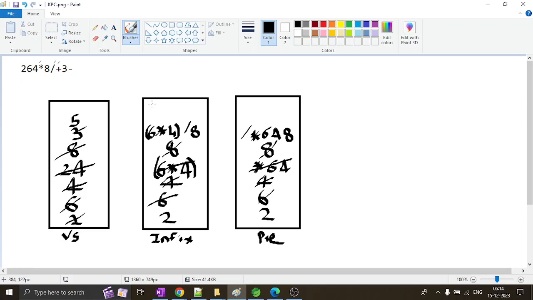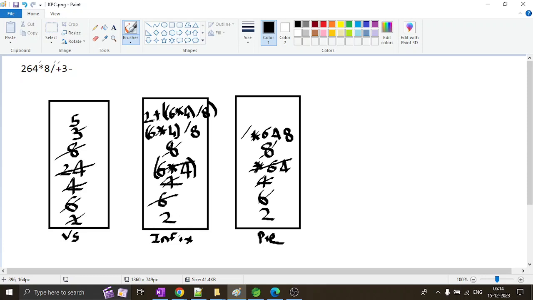So v1 is 2, and then we have plus, right? Then v2, 6 times 4. We'll have just one more bracket around this, divided by 8.